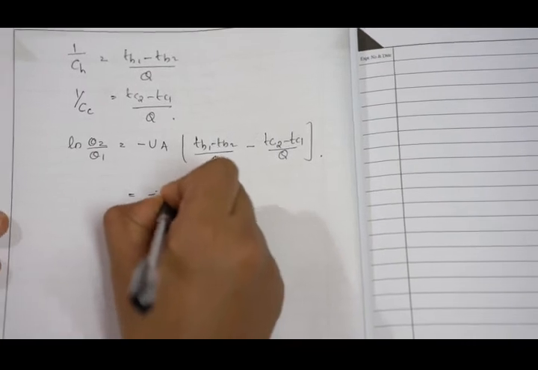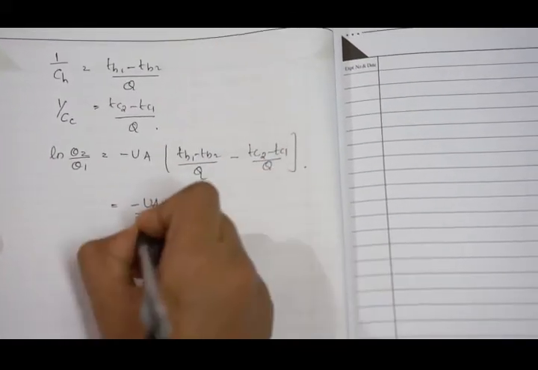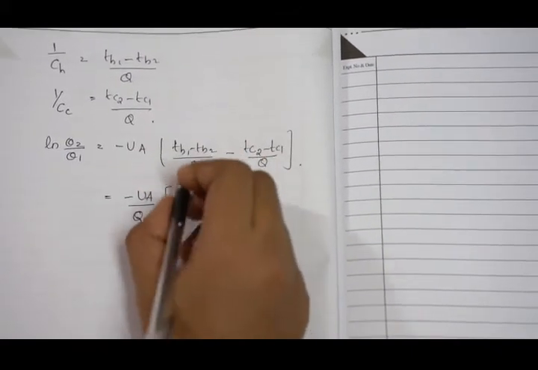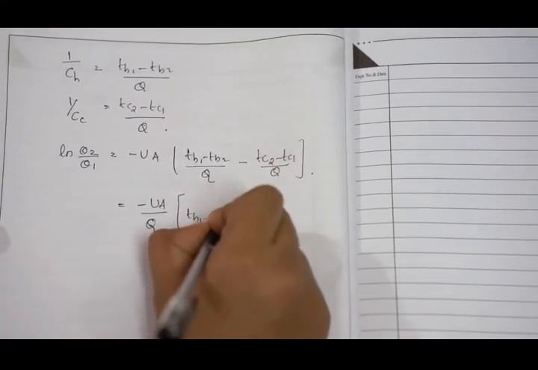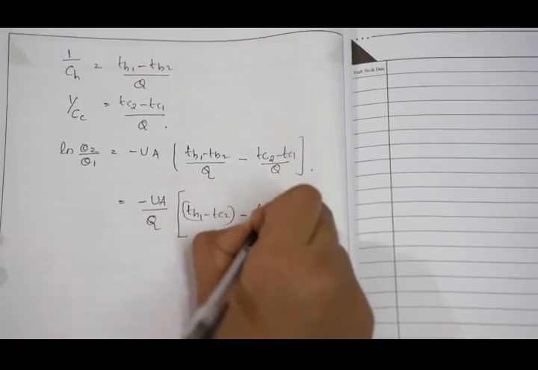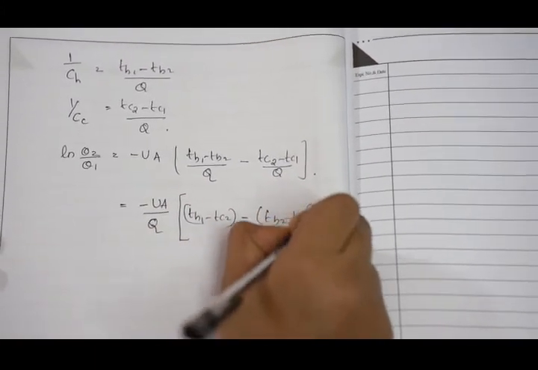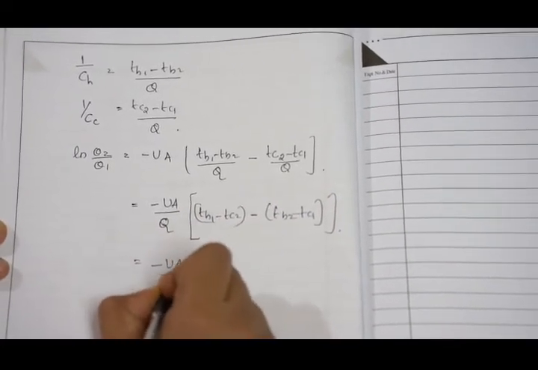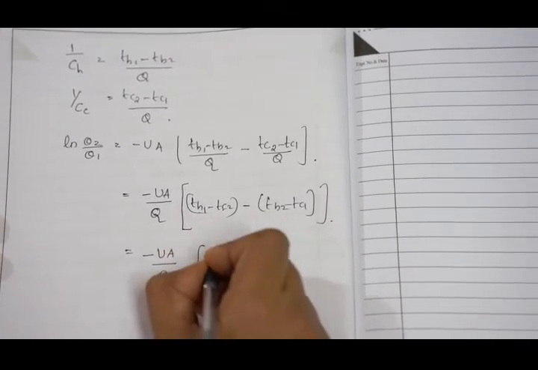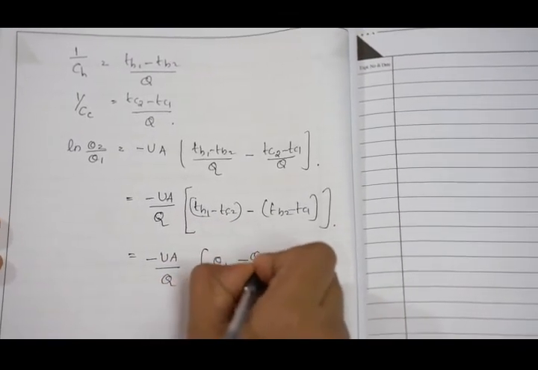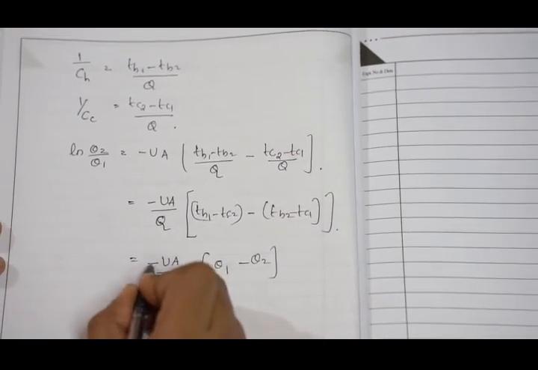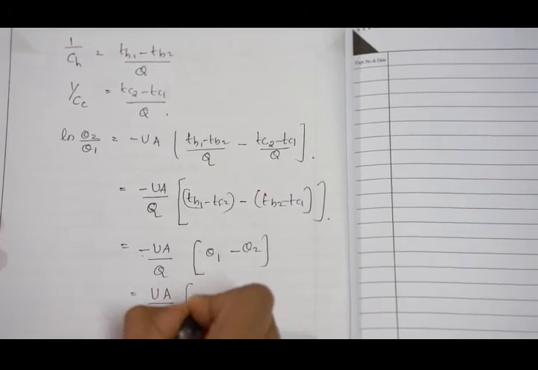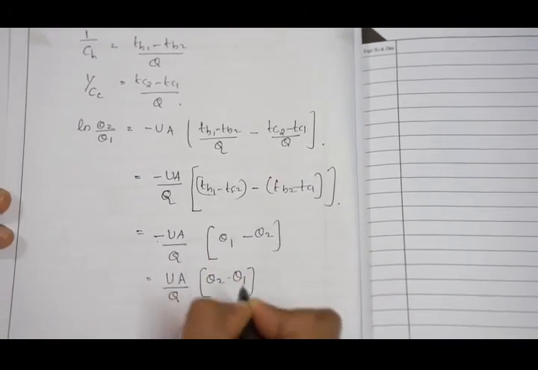So minus UA divided by Q we take outside, and rearranging the terms, TH1 minus TC2 minus of TH2 minus TC1. So the equation becomes minus UA divided by Q into theta 1 minus theta 2, and putting the negative sign inside, UA by Q into theta 2 minus theta 1.